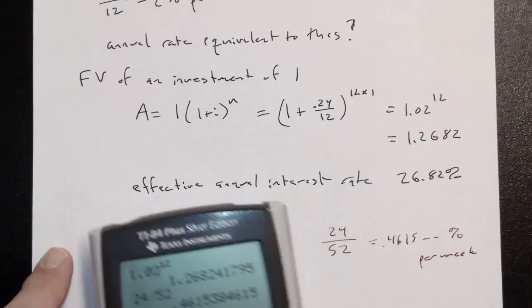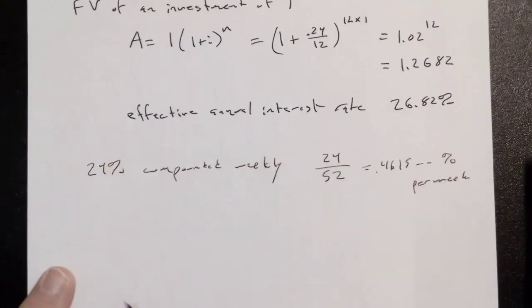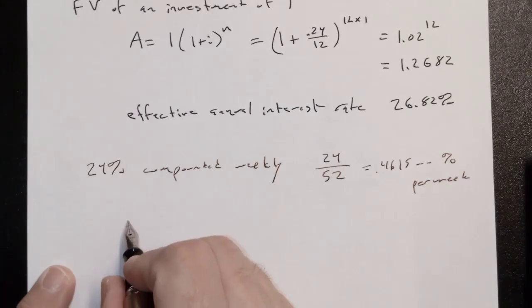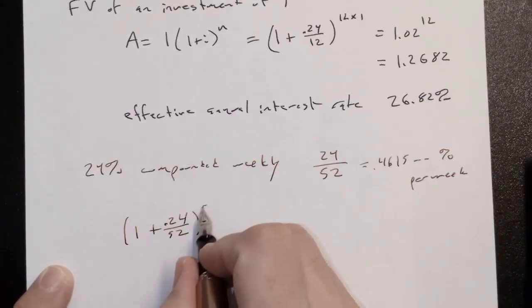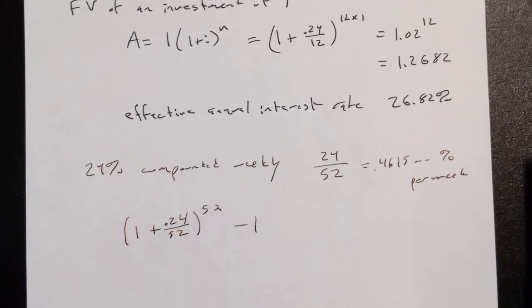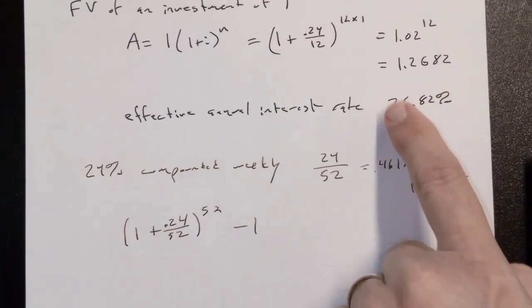But then what's the equivalent annual rate? It'll be 1 plus 0.24 over 52 to the 52. And then I'll subtract 1 off to get the actual percentage, right? I'll take away the principal and only look at the rate.